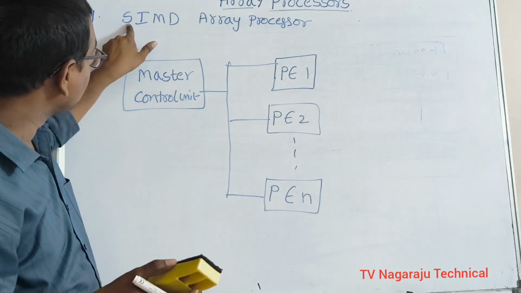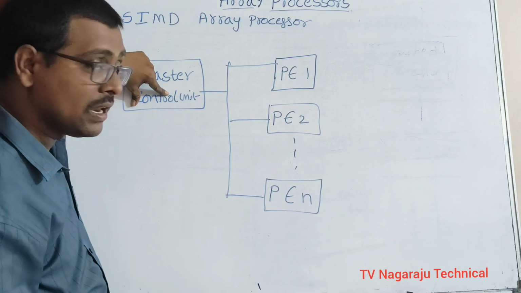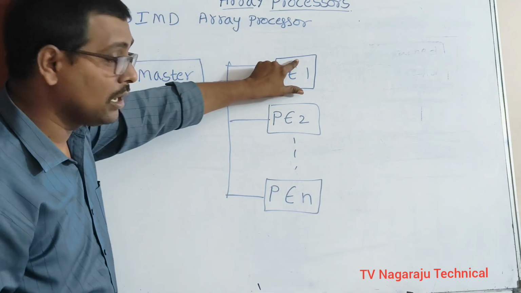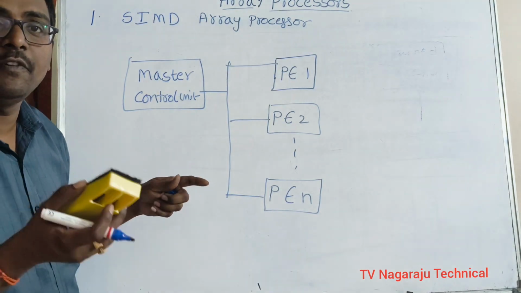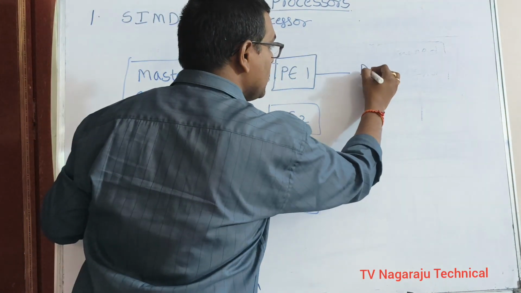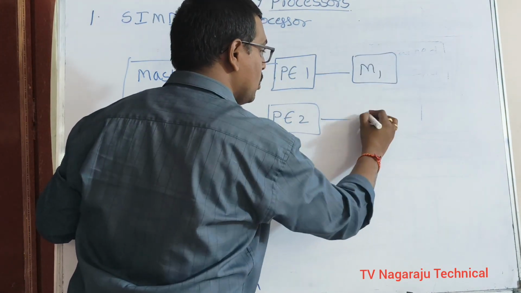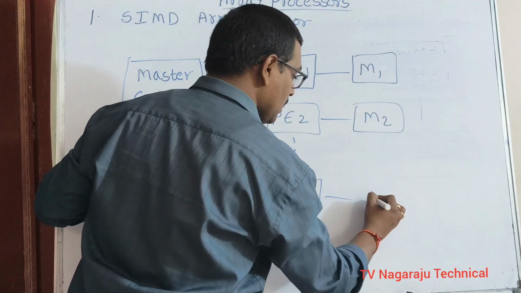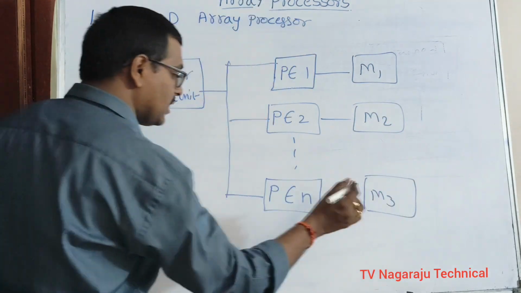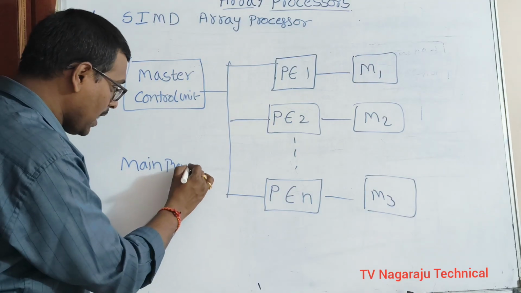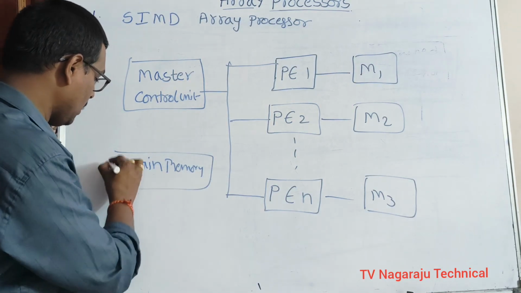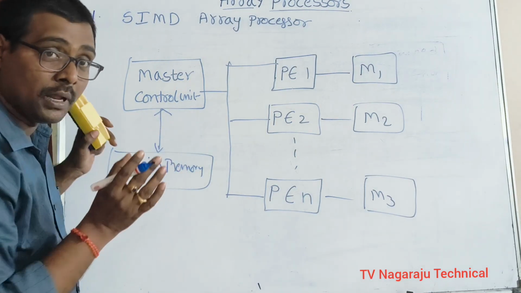Now observe, a single instruction is given by the control unit, but with multiple data, each processing unit performs different operations. Each one is connected with a memory module, M1, M2, M3. Our entire program is stored in main memory.